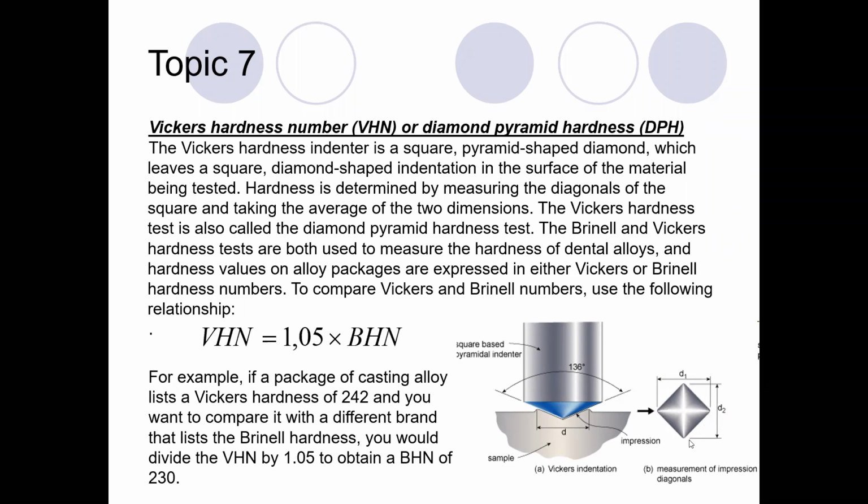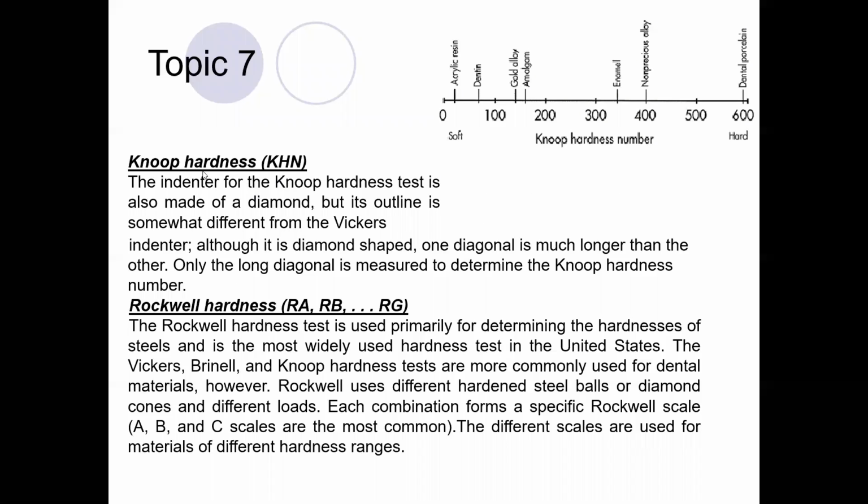Here we have an indenter of diamond shape, square diamond shape, and we receive that indentation impression with a square shape. And here is the relationship between the Vickers hardness number and the Brinell hardness number. And Knoop hardness has the same kind of indenter, and Rockwell. In the case of Rockwell, we have some cones.